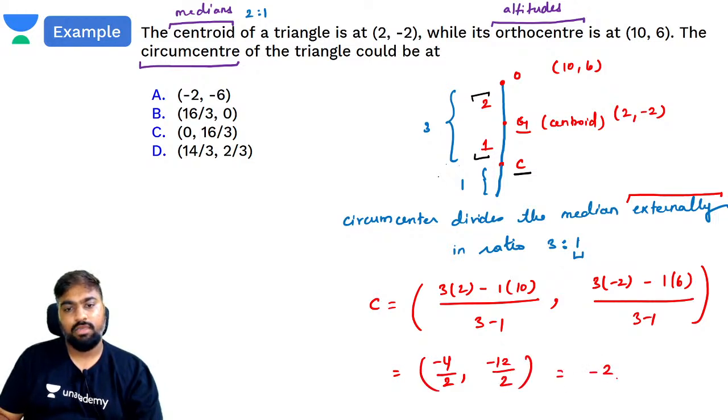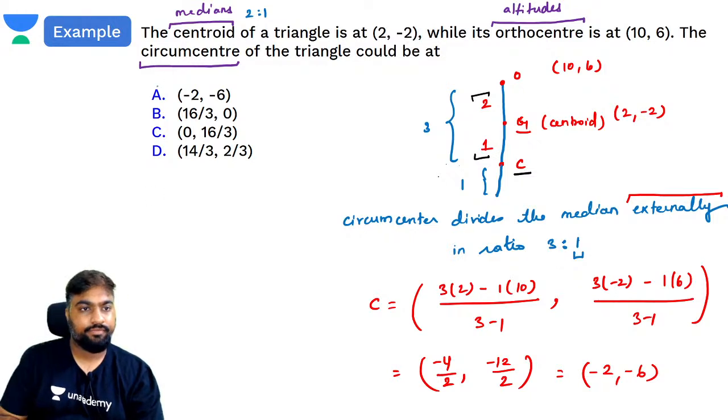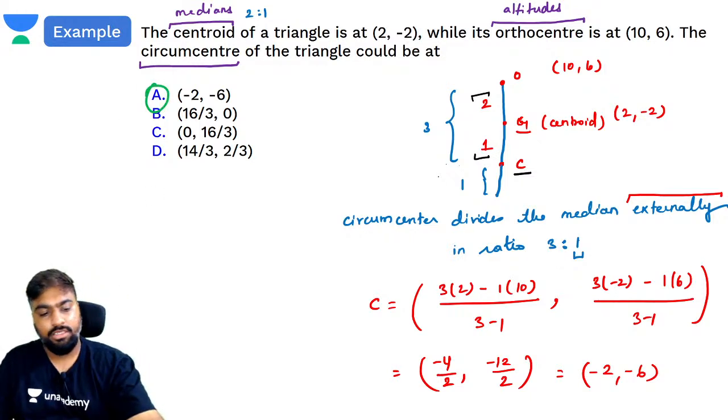This is nothing but -2, -6, which is option A. Understood?